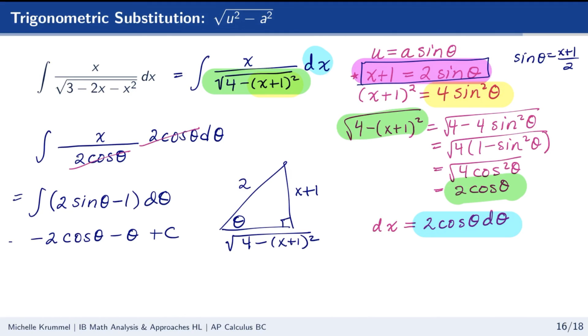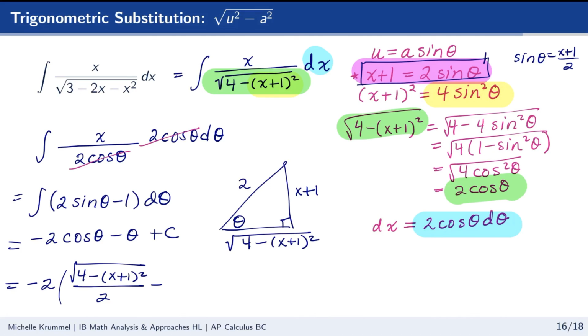Okay, so negative 2 times the cosine of theta is the square root of 4 minus (x plus 1) squared over 2, minus, now we've got just theta again, so we have to use one of our inverse trig functions. You can decide which one you want to use.